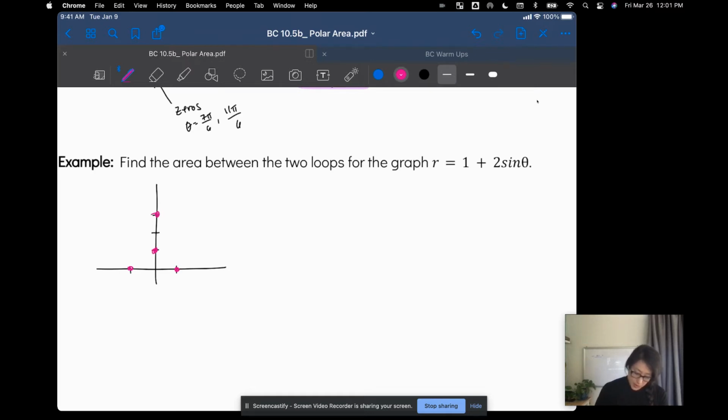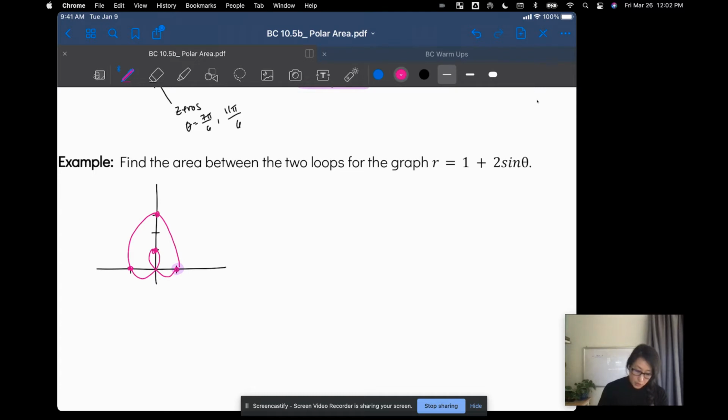And your curve actually starts at this point here on the positive x-axis, and it moves this direction. Okay. All right, so we're going to find the area between the loops.